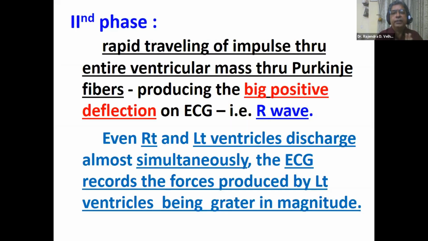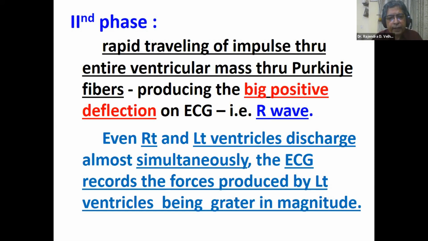After this, the impulse rapidly travels through the Purkinje fibers and brings about the depolarization of the complete ventricular mass. Both the ventricles, left and right, depolarize almost simultaneously, producing an exchange of a large amount of electrical flux, which is reflected on the ECG as a large positive deflection, the R wave.